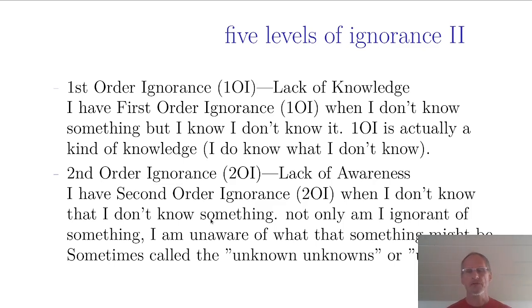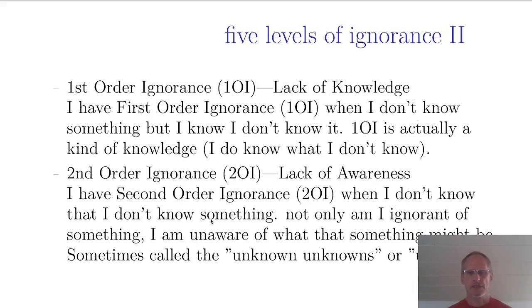So first order of ignorance is, in a way, a kind of knowledge. I know what I don't know. I know that I don't know how high the Eiffel Tower is, so I know that I have to look that up. So first order of ignorance is easy to deal with. We just have to find a resource where that knowledge is presented and consult that resource, and we have eliminated the first order of ignorance and turned it into zero order of ignorance.